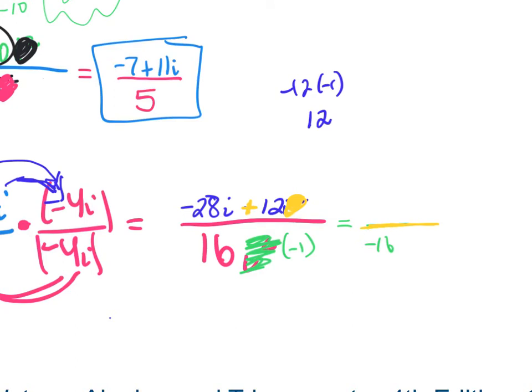Has to be in standard form. 12 minus 28i. 12, because it's positive, minus 28i. We always need to look to simplify, guys. It has to be written in standard form, a plus bi. The real part has to come first.